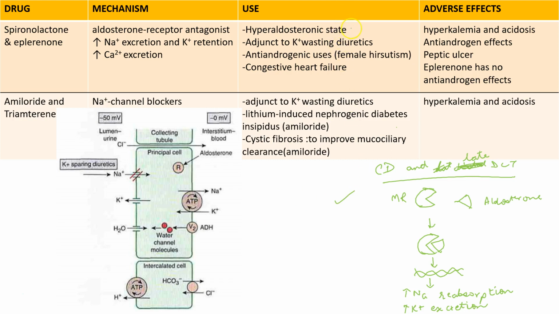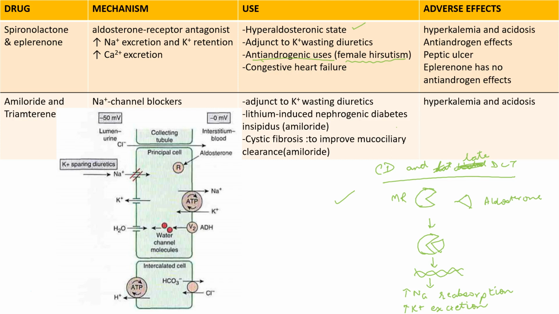So they are useful in hyperaldosteronic states, and spironolactone also has anti-androgenic effects. So it is useful in female hirsutism. They are also useful in congestive heart failure, and they help to combat the hypokalemia, which is a side effect of the other diuretics.